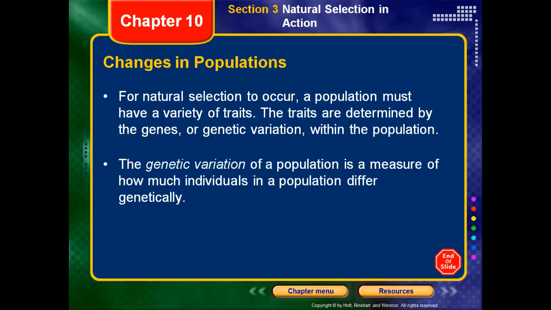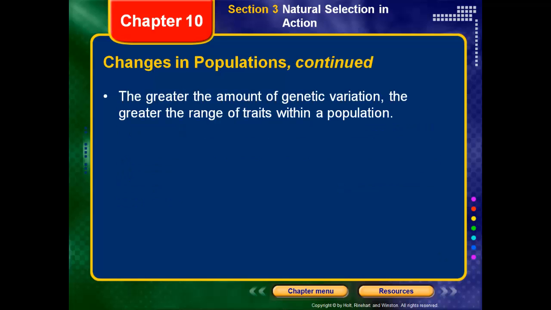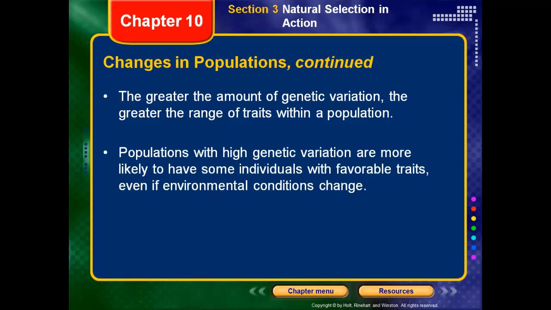Now the genetic variation of the population is how much the individuals differ genetically. So if you look at the DNA, how different is the DNA among the different members of the population? The greater the genetic variation, so the greater the difference in the DNA, then obviously the greater the range of traits. So if the DNA between the organisms is different, then you're going to see different traits within that population.